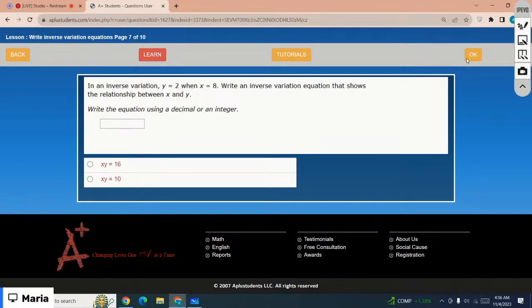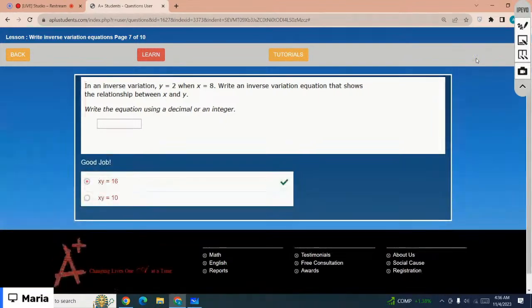Yes, that is xy equals 16. The correct option is option number 1. Very good. That is xy equals 16.